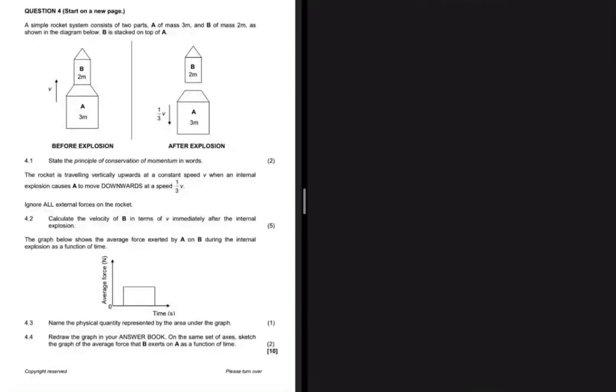Question 4 says a simple rocket system consists of 2 parts. A of mass 3m, so let me jot that down. So we have A with mass 3m, and then B of mass 2m.